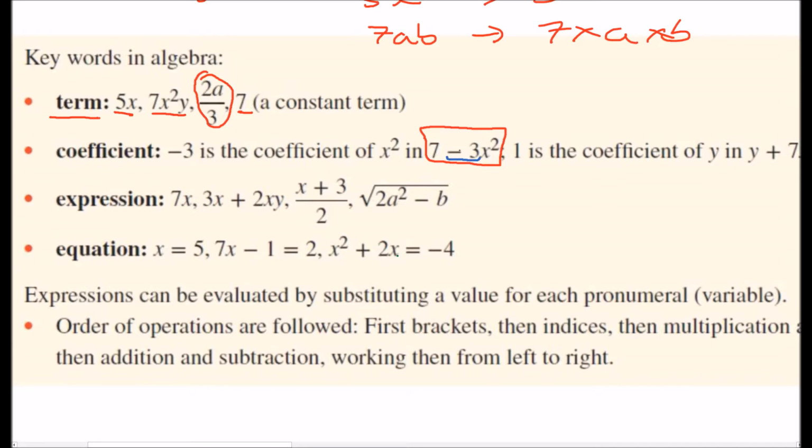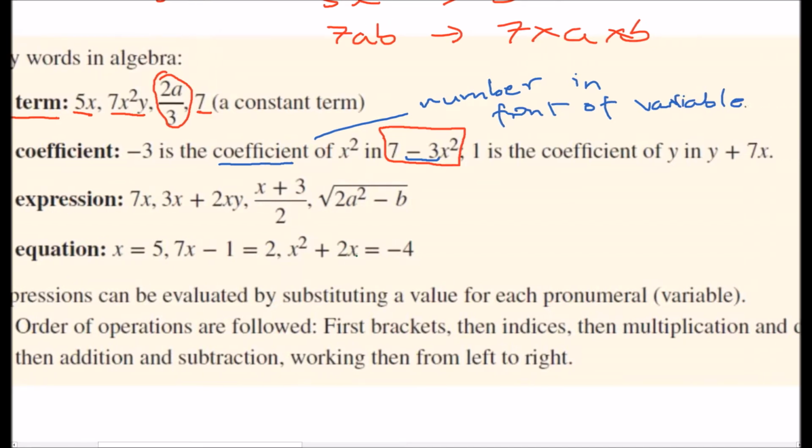Notice how I included that operator with the 3. If it's a plus, then you'll just call it 3. So basically a coefficient is a number in front of a letter, or in front of a variable.